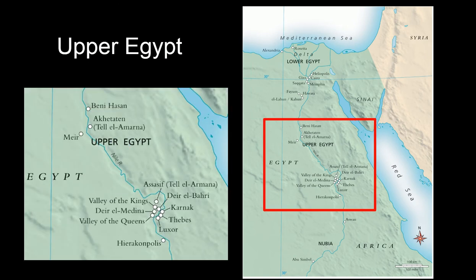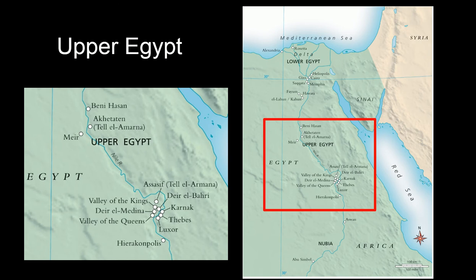Now let's take a look at Upper Egypt. Again, using this other map as a reference, you can see that it is up the Nile River, okay, even though it's down on the map. And it's got a whole different set of cities that are associated with it, okay?